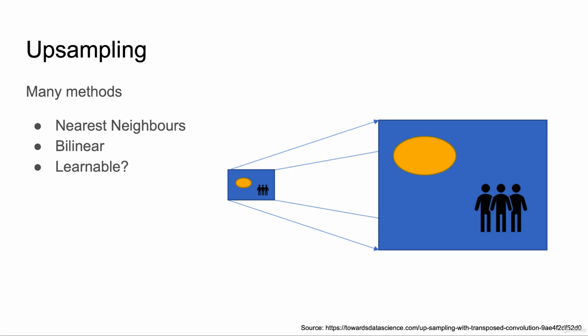All of them are used in standard image editors like Paint or Photoshop. However, we would like to make this upsampling learnable. So we want this upsampling to have some parameters, like standard convolutional neural networks, that we could learn with stochastic gradient descent.